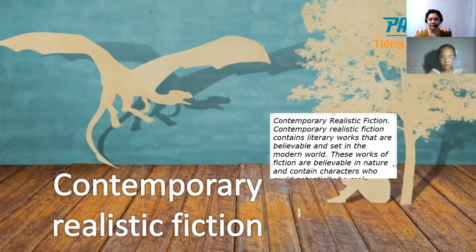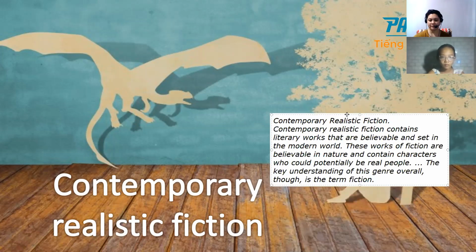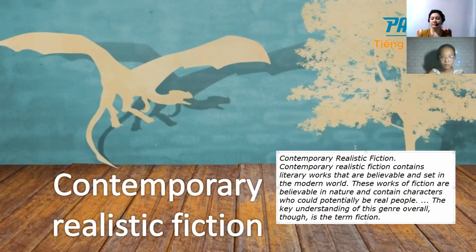This is the meaning of contemporary realistic fiction. It contains literary works that are set in the modern world. These works of fiction are believable in nature and contain characters who could potentially be real people. The key understanding of this genre is the term fiction. So this is the meaning of contemporary realistic fiction.